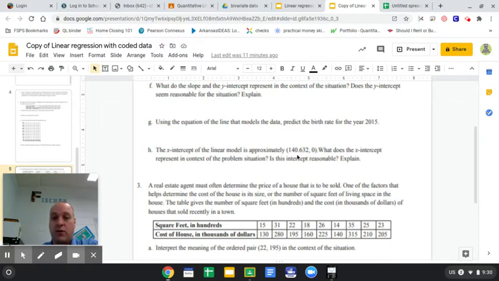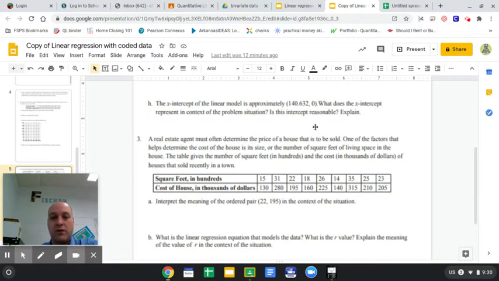So 140 years from 1940, what is that, 2080? In the year 2080, there are going to be no kids born. Is that reasonable? Do we hope that in the year 2080 there are still kids being born? So is it reasonable? No, it's not.